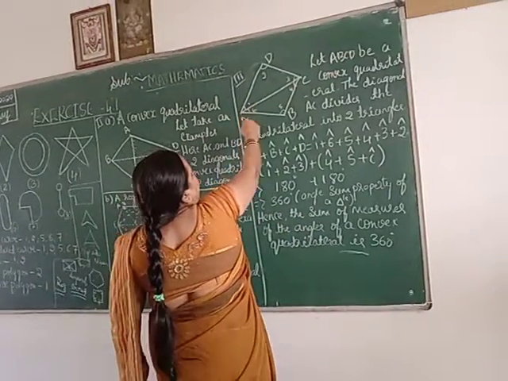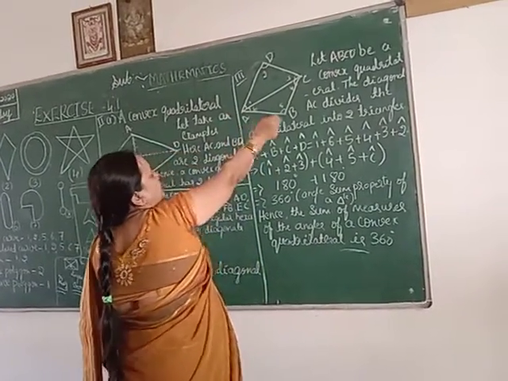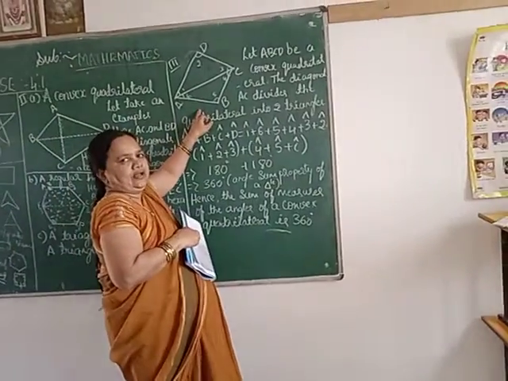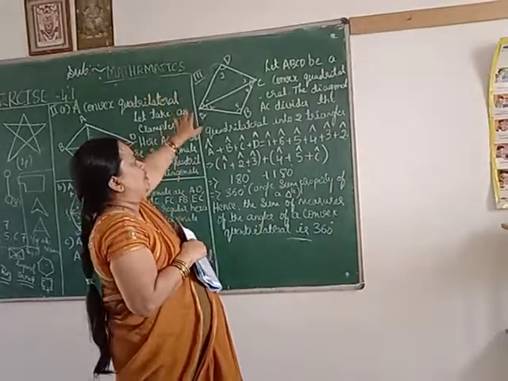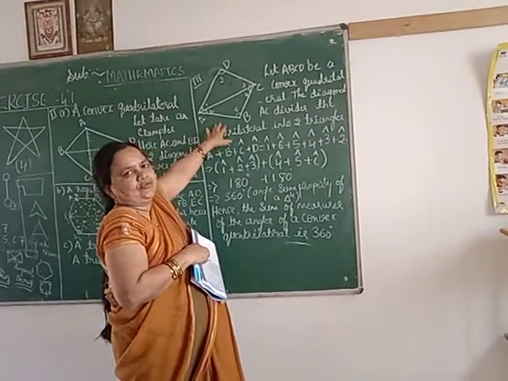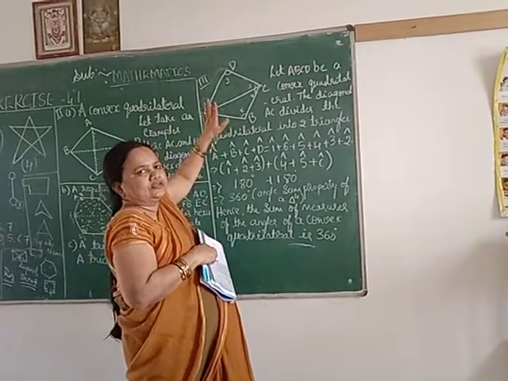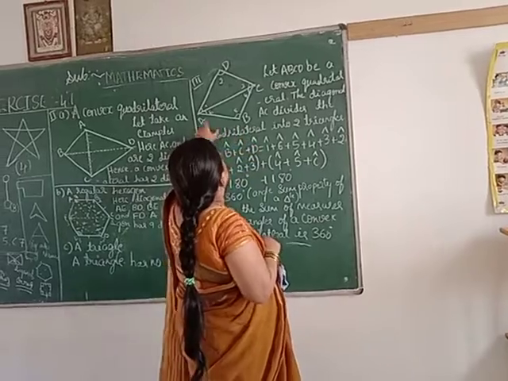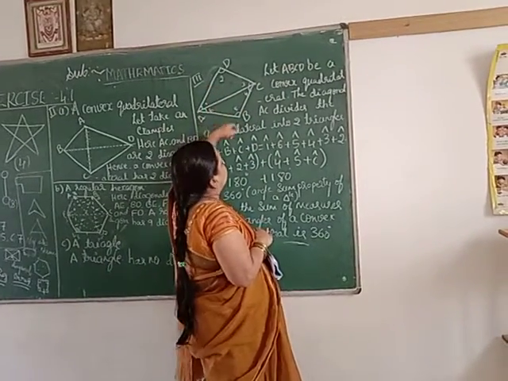ABCD, we take an example of a convex quadrilateral. You can take any shape, okay. One convex quadrilateral I have taken because I am familiar with this figure. Here the diagonals are AC and BD.